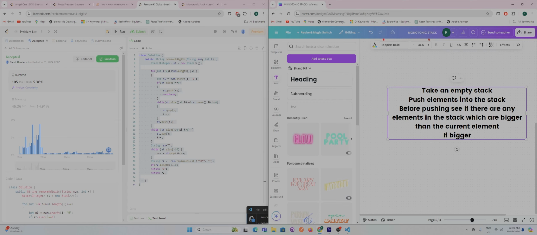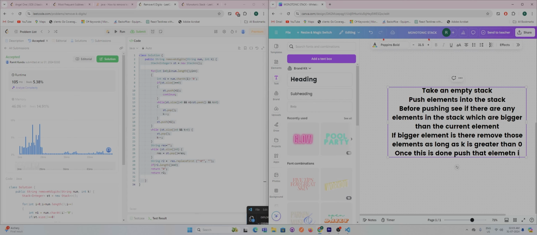If a bigger element is there, remove those elements as long as k is greater than 0, right? Now once this is done, push that element into the stack, right?